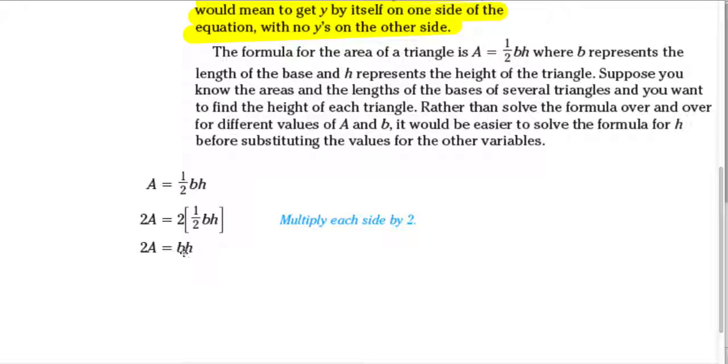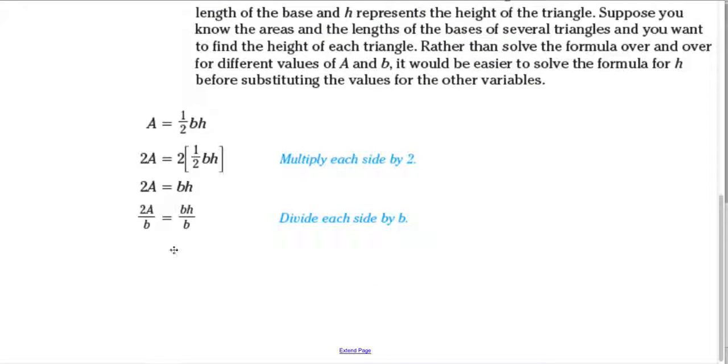Again, you want to solve for h. We want to undo b, and bh is a multiplication operation, so to undo b, we divide both sides by b. If you divide both sides by b, you end up with 2a over b equal to h. So to find your height given your area and your base, all you need to do is follow this formula for h.